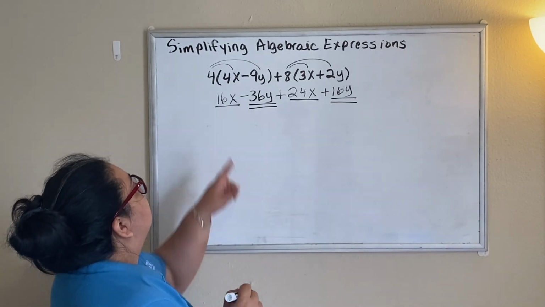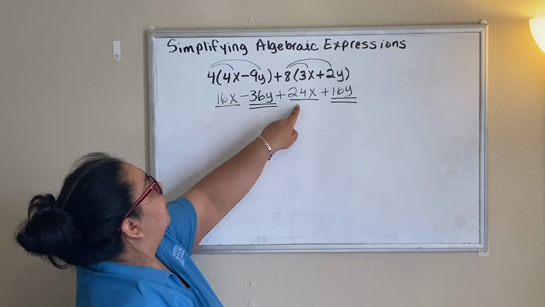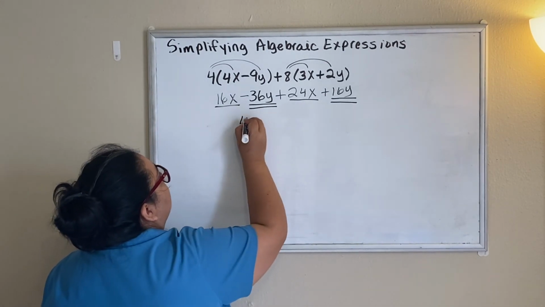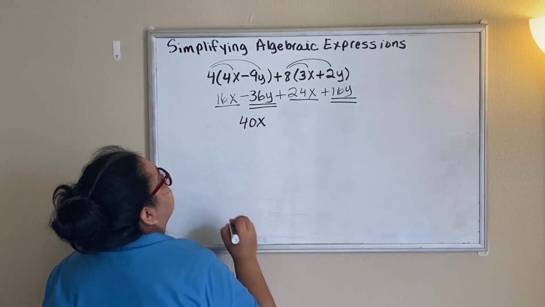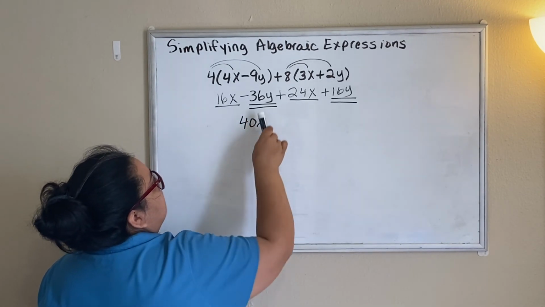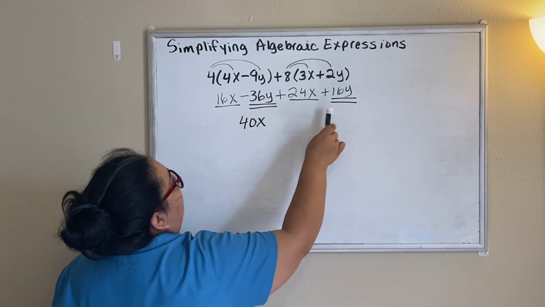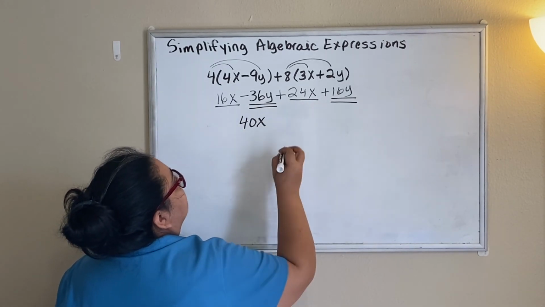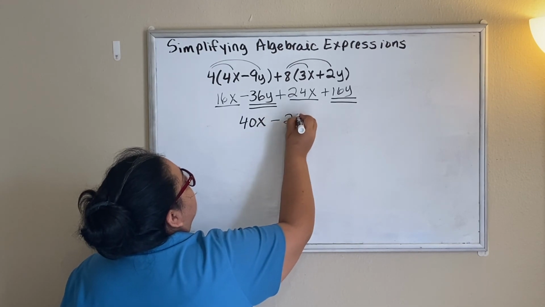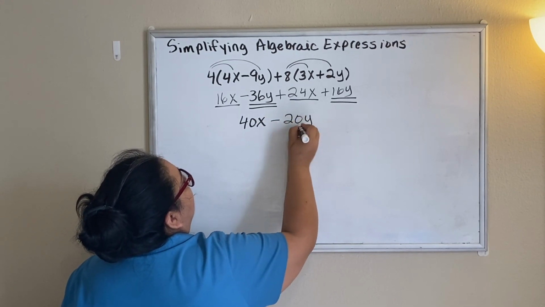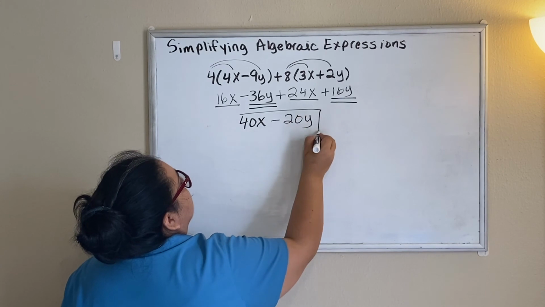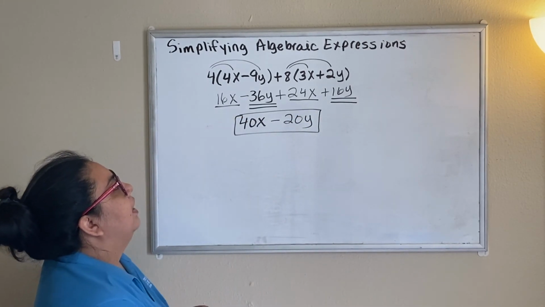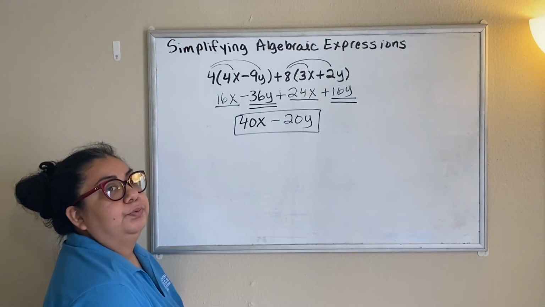So first off, 16x plus 24x is going to be 40x. And now we're going to combine negative 36y and positive 16y. When I combine those two, I get negative 20y. And that is my solution for example 2.